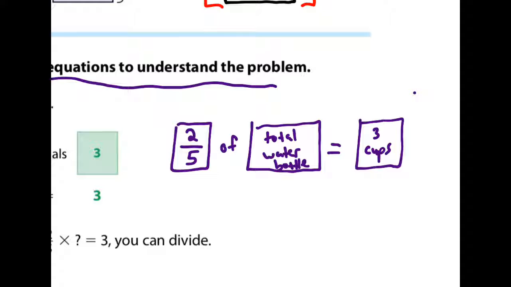They used this information to help them write an equation. We know of means times, so 2/5 times whatever is in the water bottle, which we don't know, has to equal 3 cups.